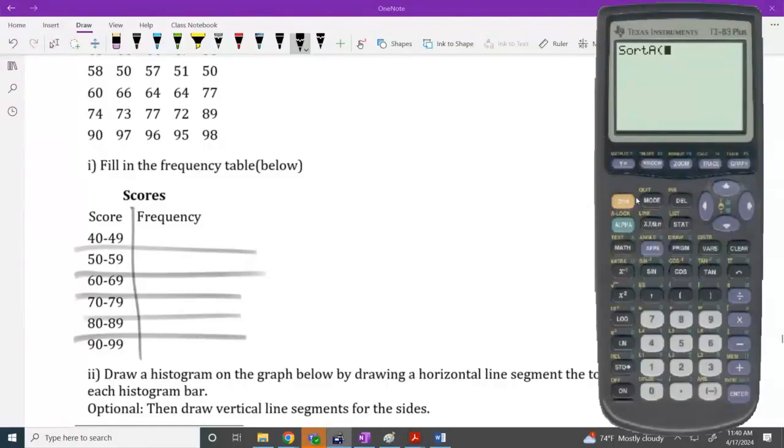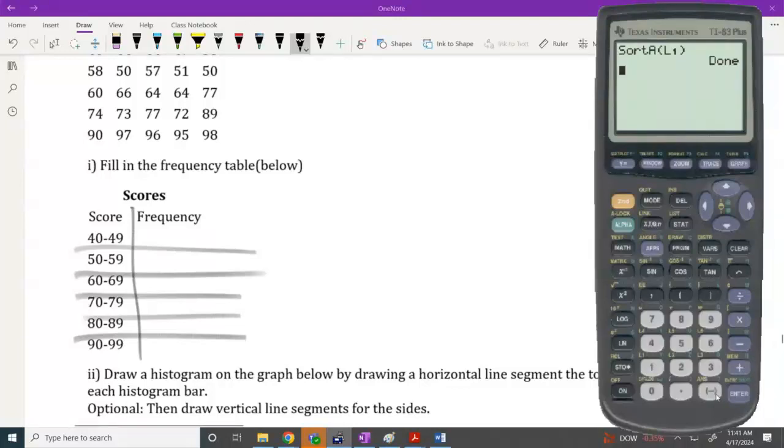That's right. And then we want to sort list 1. So list 1 is above the number 1 and it's yellow. So you must hit second and 1. That's right. And then you should see list 1 pop up. And now if you close off that parenthesis, that function with the parenthesis, and hit enter, it doesn't really appear that it's done anything, it just says done.